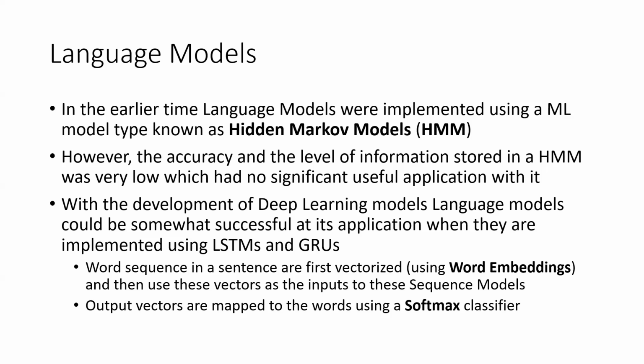So these LSTMs or GRU based sequence models can be used to develop language models by predicting the next word using a softmax classifier. So by adding more layers or deeper layers into the LSTM layers, or having a lot of data, you can actually make much more powerful language models with these LSTMs and GRUs.